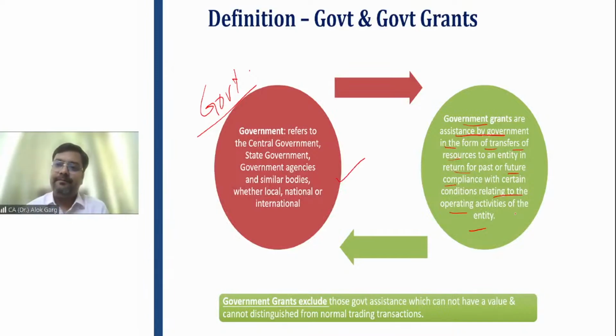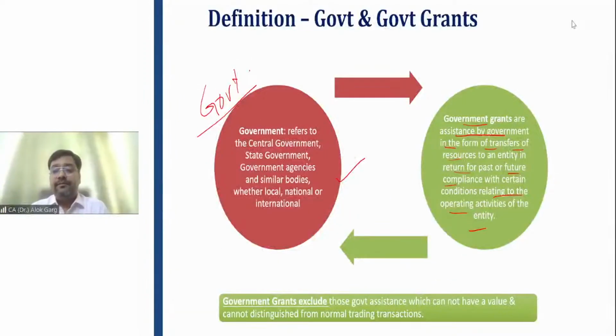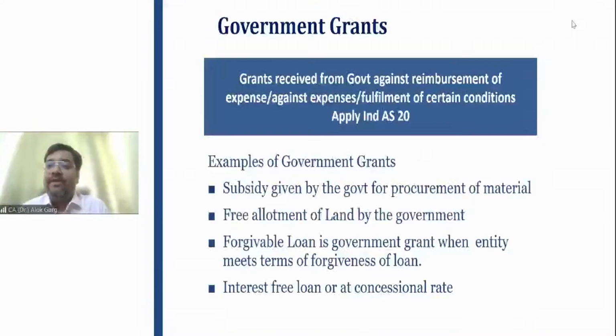For example, government has told an entity, if you install your plant in the rural area, in the area of Chhattisgarh, we will provide you 50 lakh rupees of government grant.